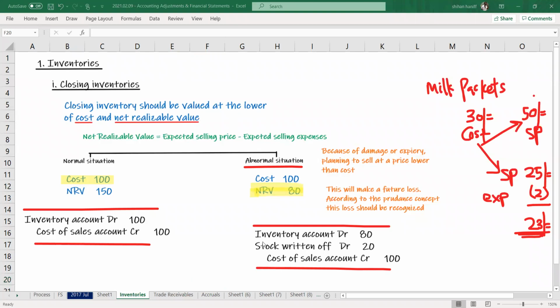There is a question: stock written off comes under which expense? This is other expense. In the income statement, other expense.